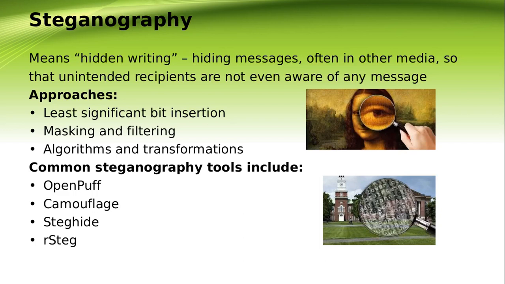The approaches include least significant bit insertion, masking and filtering, and algorithms and transformations. Common steganographic tools include OpenPuff, Camouflage, and StegHide. You can also find more information on how to decrypt them, and there are also online tools out there.